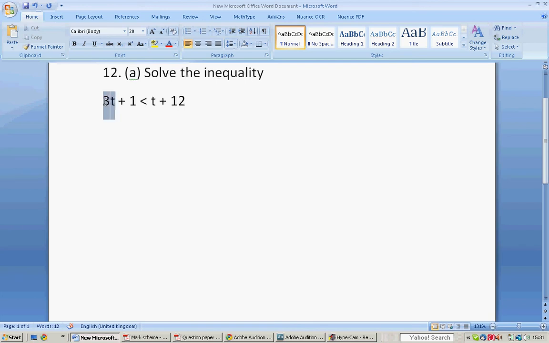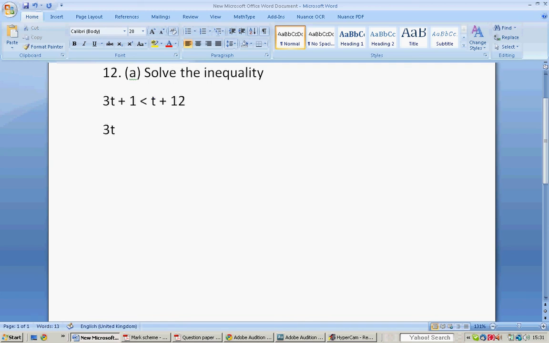So on the left side we have 3t, and on the right side we have 1t. So we're going to subtract t from both sides because we do the inverse. This side has plus t, so we're going to do minus t, and you'll see why in a second.